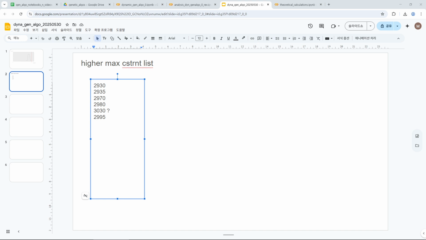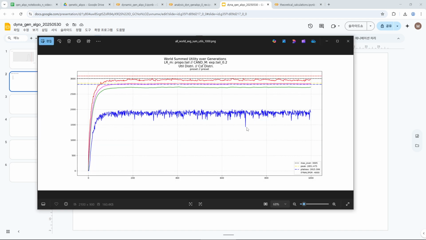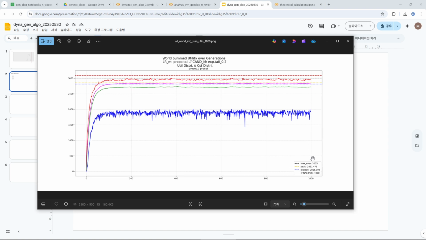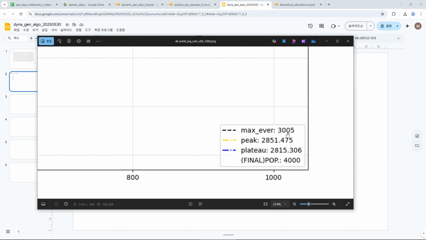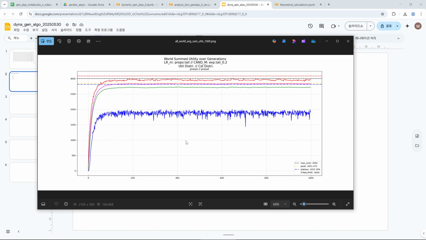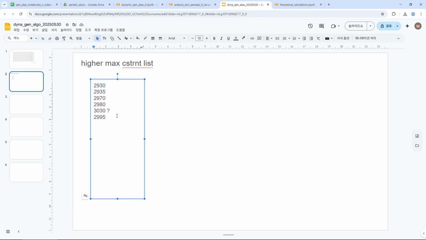So now the population is at 4,000. And there we go. Now it's 3005, and you can see that it's one big era because there are no steps here. So it's 3005, still not as high as 3030.